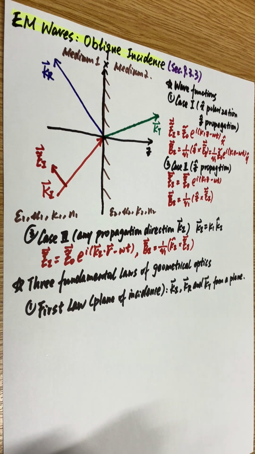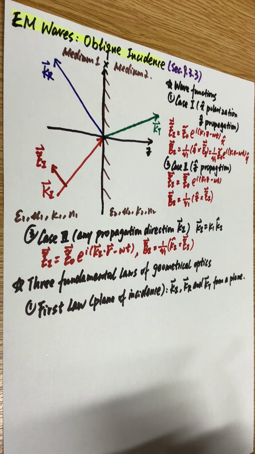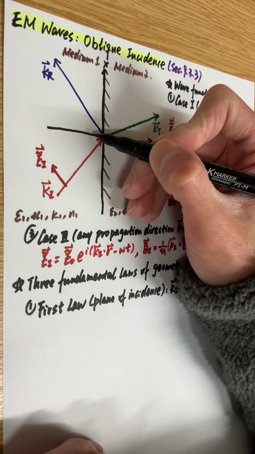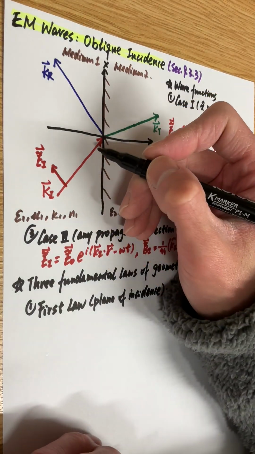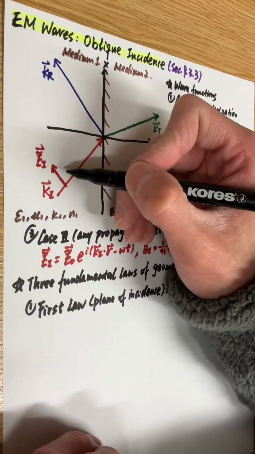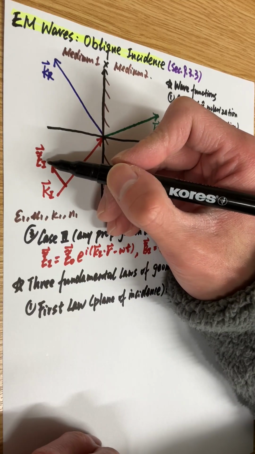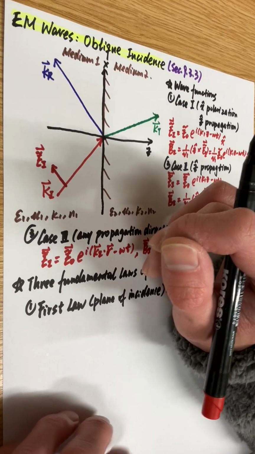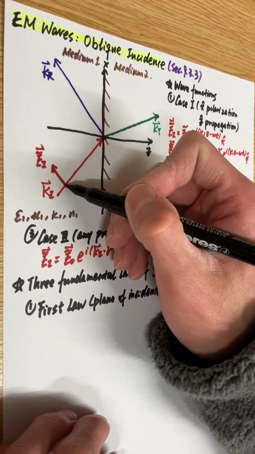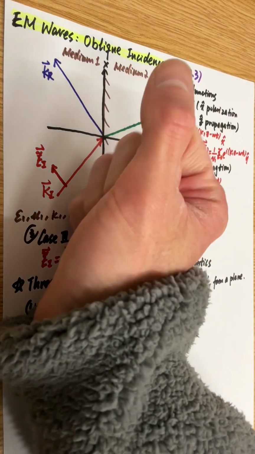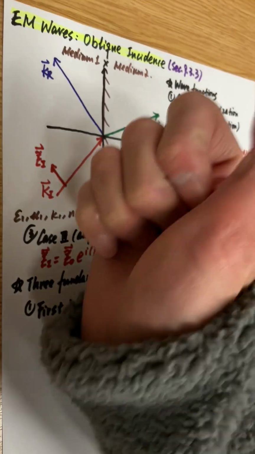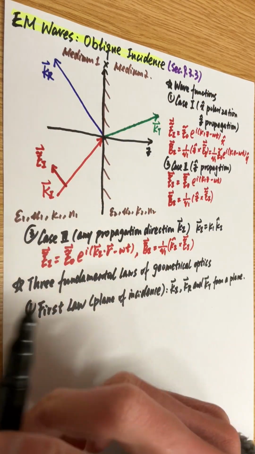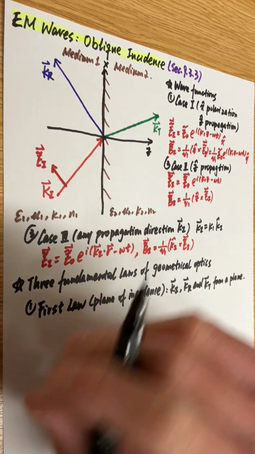So now we can pin down more parameters. Here we have the incident wave. The electrical field direction is some phase rotation to x, and the magnetic field direction, based on the right-hand rule, will be pointing out of the plane, which is the y direction.